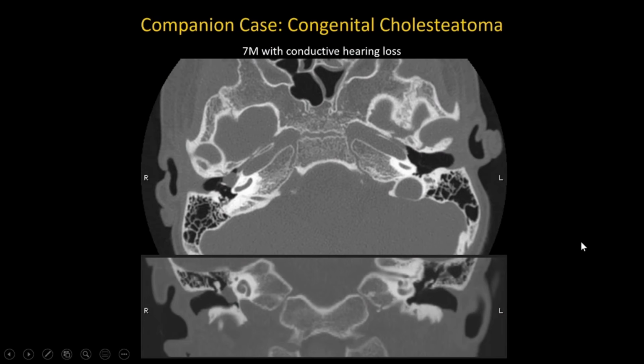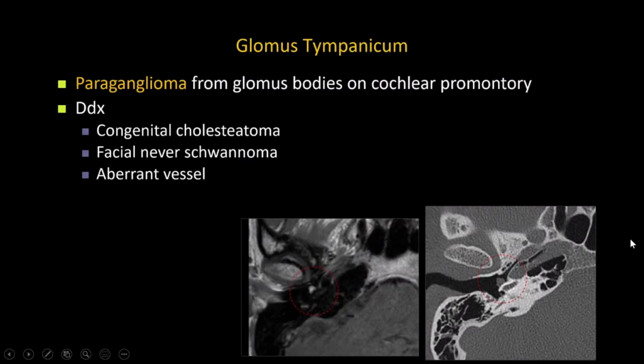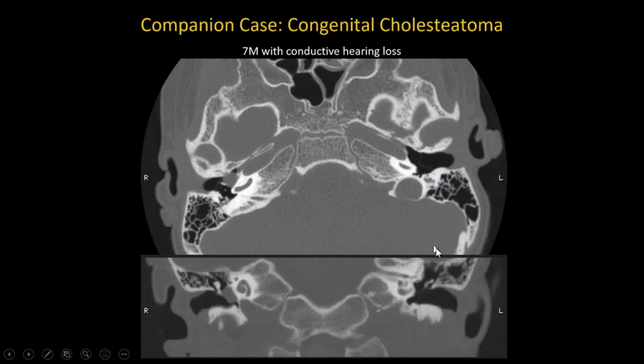As a companion case, the last case right here, the enhancing vascular tumor, focal lesion sitting on the cochlear promontory, that's glomus tympanicum or paraganglioma. As a companion case, you can see another focal lesion. This one's rather large, sitting on the cochlear promontory.